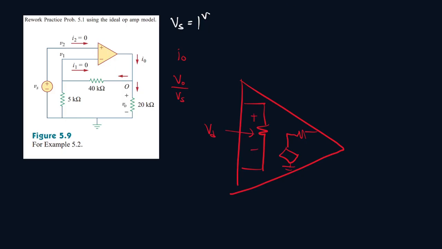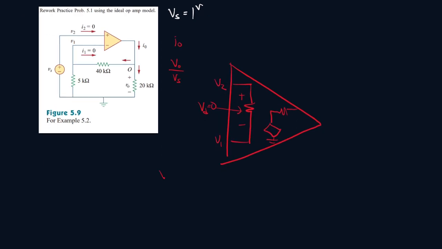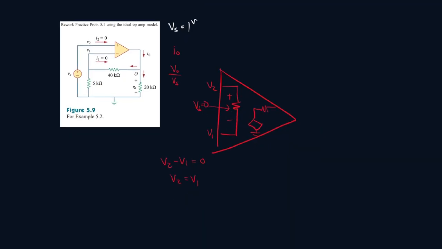So in an ideal op amp, VD will be equal to 0. That means the voltage here, V1, and the voltage here, V2, should be equal to each other, as V2 minus V1 has to equal VD, and VD will be 0. So that means V2 will be equal to V1. Now with that out of the way, let's start solving this.